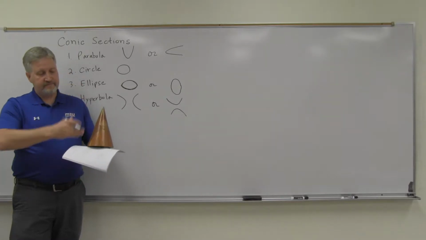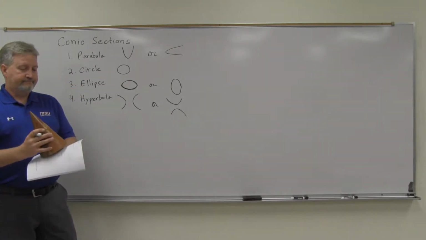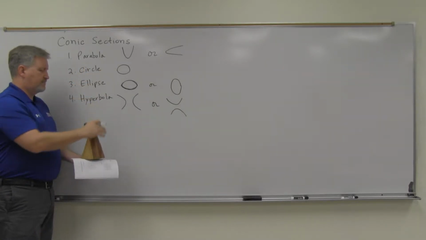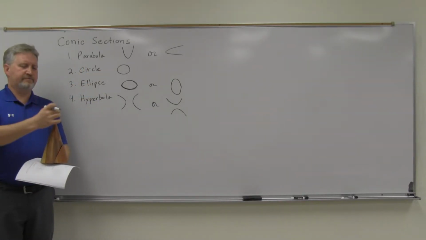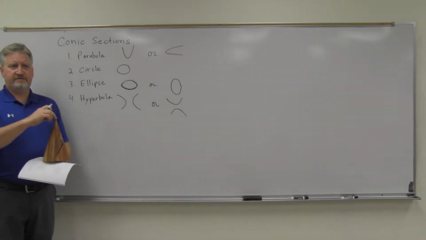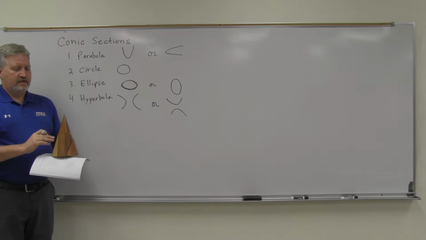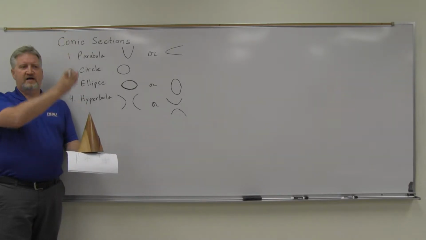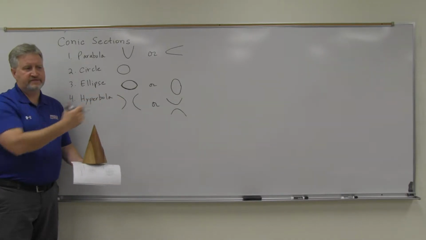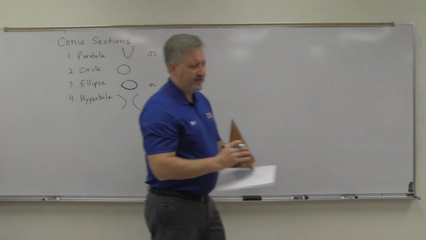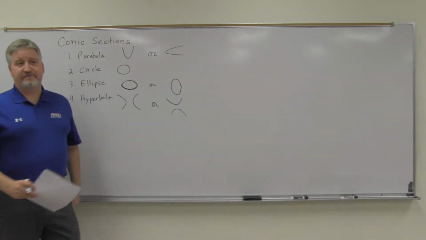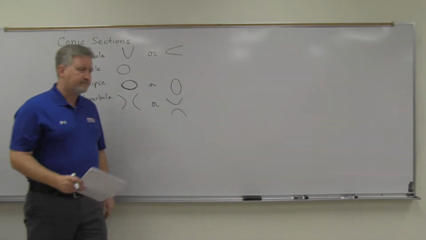And then if you cut it other ways, you get the parabola. Now, to get the hyperbola, you kind of need a double cone. Imagine there's another cone with the tip touching this one. That's how you get the hyperbola, because if you slice that double cone, you get two branches with the cross section. So anyway, that's the four conic sections.